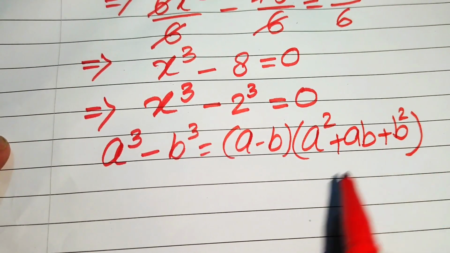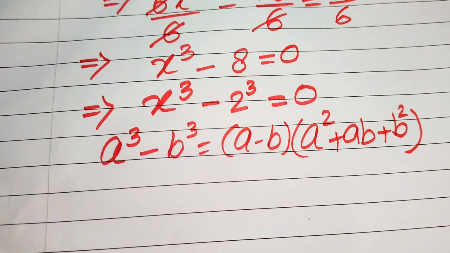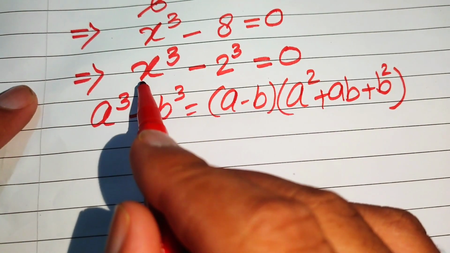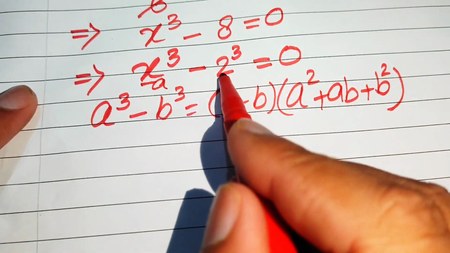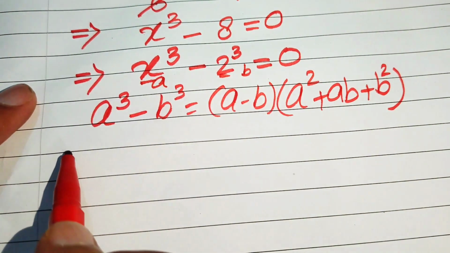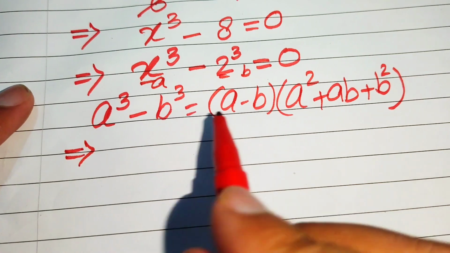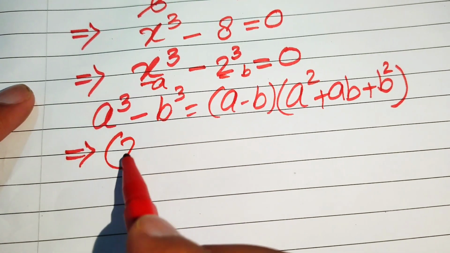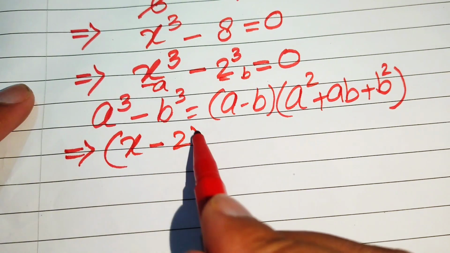We need this nice formula, and according to this formula the value of a is x and the value of b is 2. We put these two values of a and b in the equation, so it is written as (a − b)(a² + ab + b²), where a is x and b is 2.